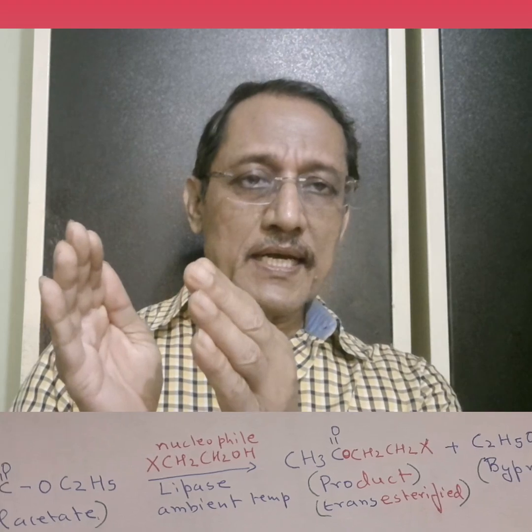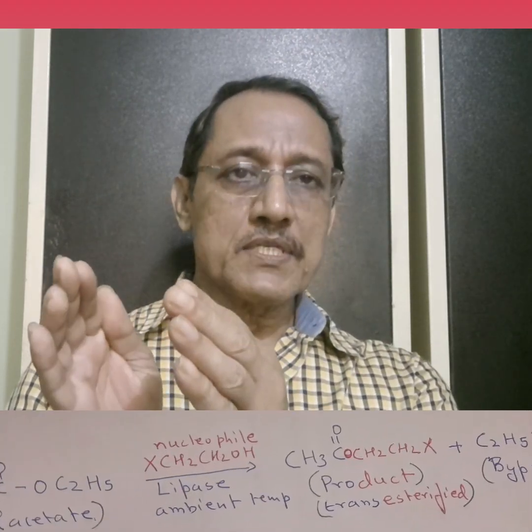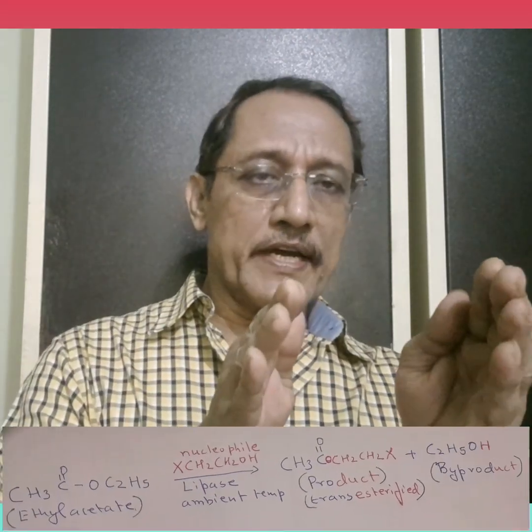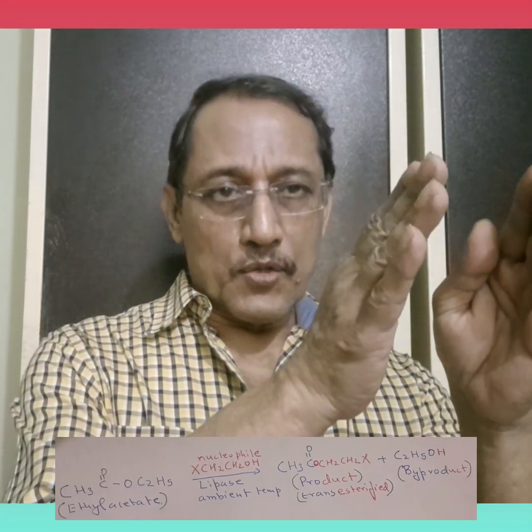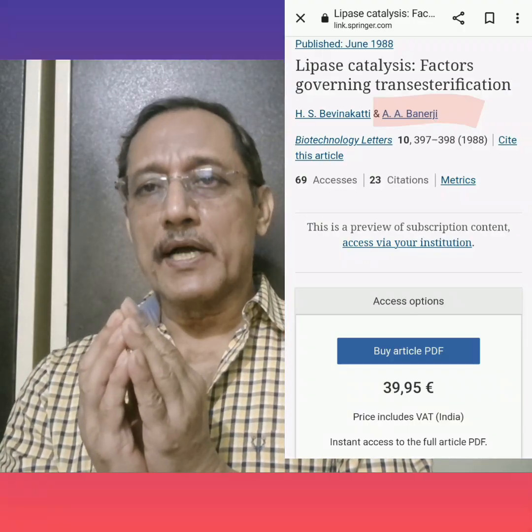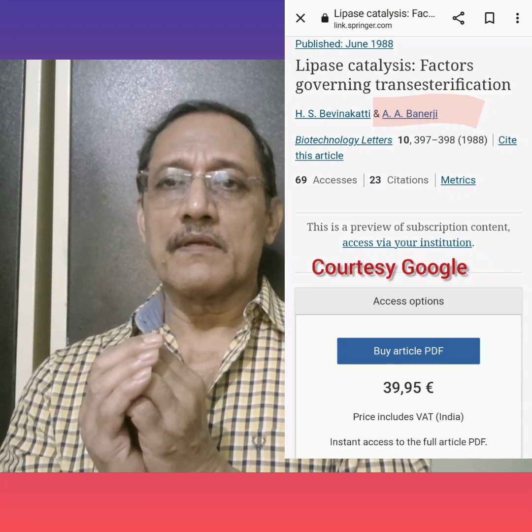For this reaction, ethyl acetate was chosen as the ester, and this ethyl acetate was transesterified with those alcohols which I mentioned already. Just would like to mention over here that this work got accepted into an international journal known as Biotechnology Letters from UK.